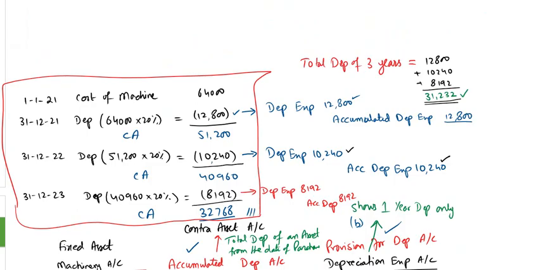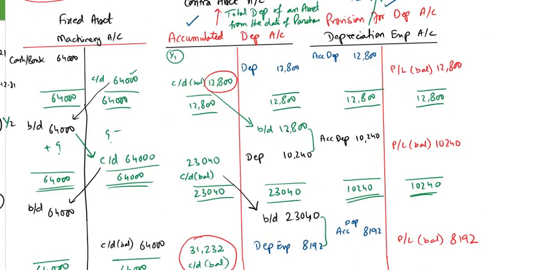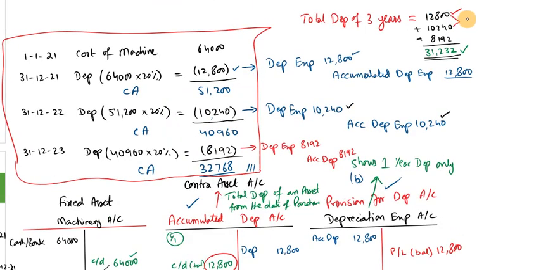At year two, by adding these two depreciations, the accumulated depreciation tells us the total depreciation will be 23040. That's why we make this account.